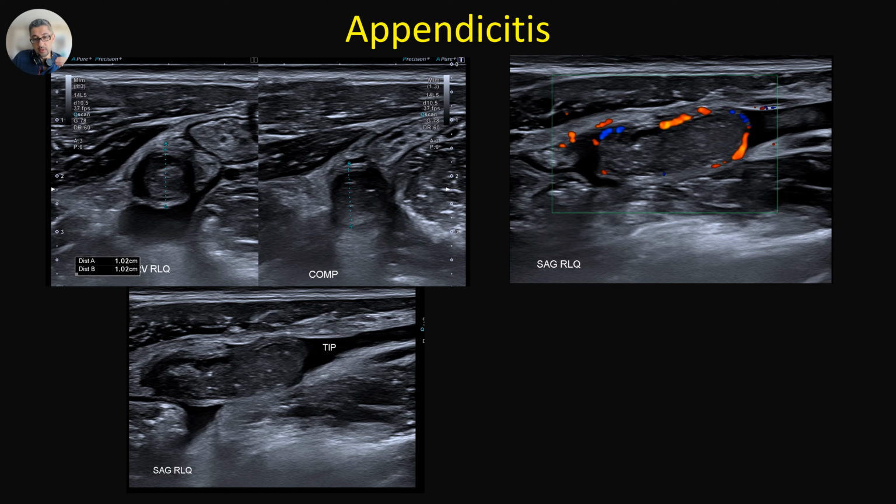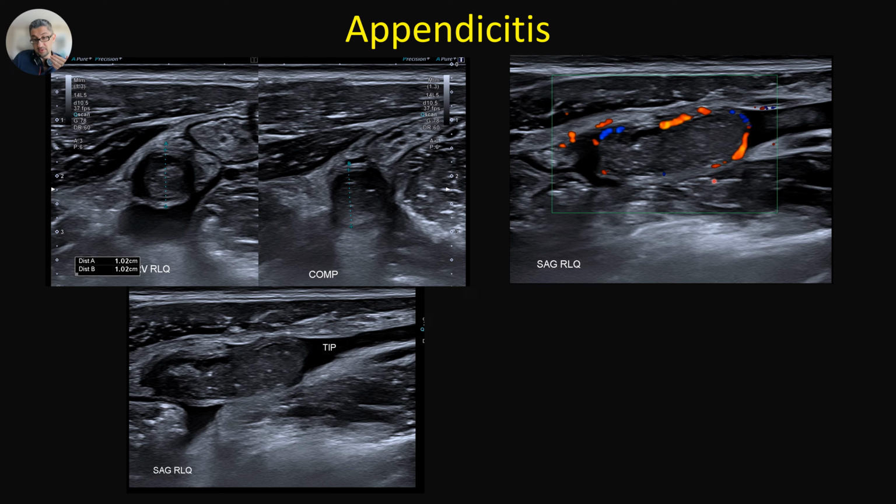Here is another example of an appendicitis. The appendix is very distended, measuring 10 millimeters, filled with content. It is not compressible, as you can see here, and there is simple free fluid around the appendix.